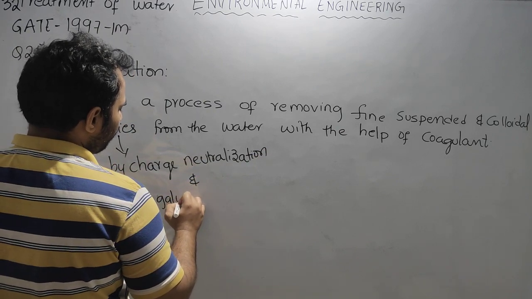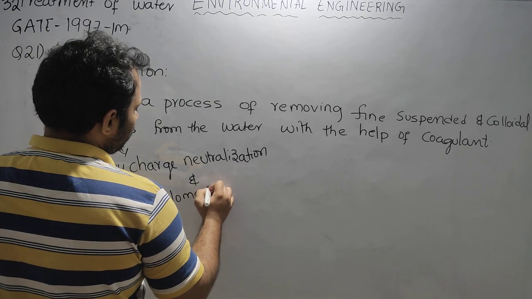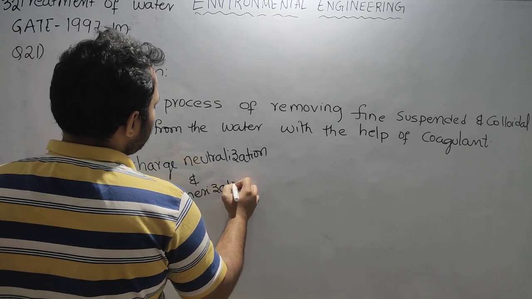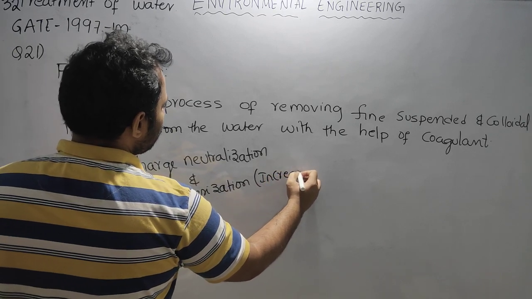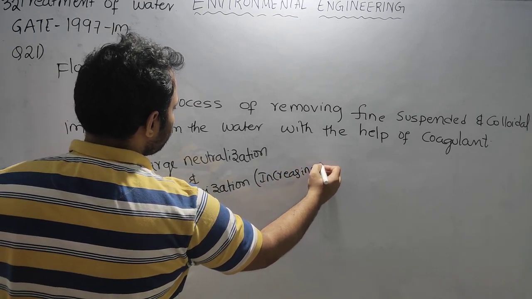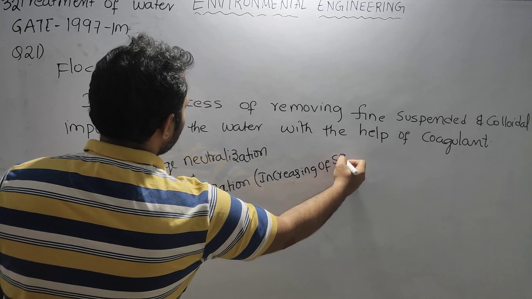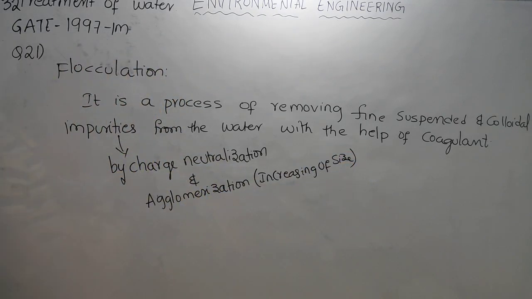Agglomeration means increasing of size. And the third option is that it mixes the coagulant in water.